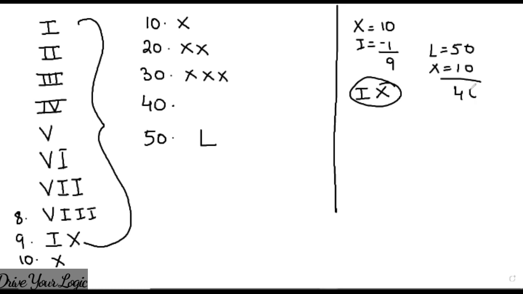So 50 minus 10 is 40. So will we write LX? No, we write the small one first, then the large. So it is XL, that is 50 minus 10, that is 40.